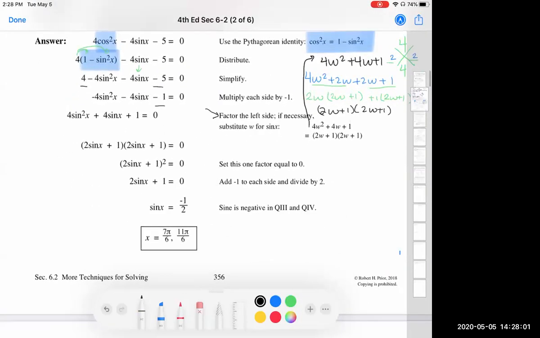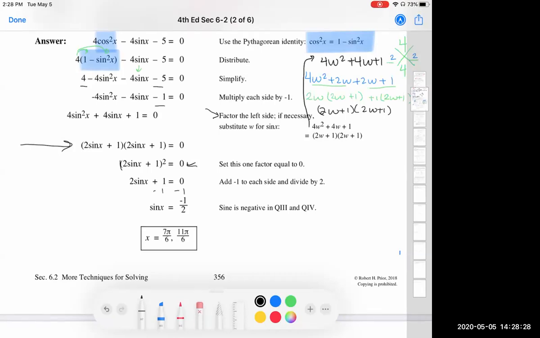All right, let's replace w with sine so that we are now here. Let's go ahead and solve. I'm left with 2 sine plus 1, and because it's the same thing, you can do it just once. Or if you write it as a square, it doesn't matter because you have a 0. If we solve for x, we subtract 1 on both sides and divide by 2.